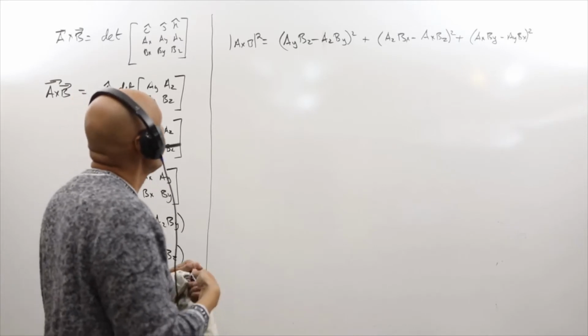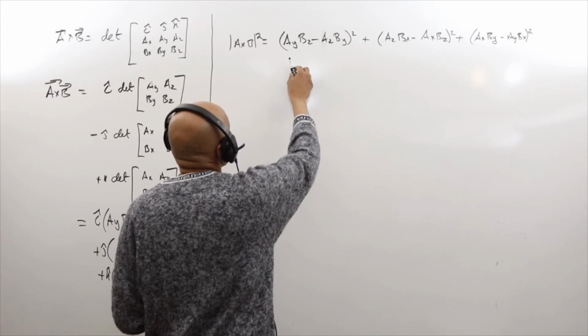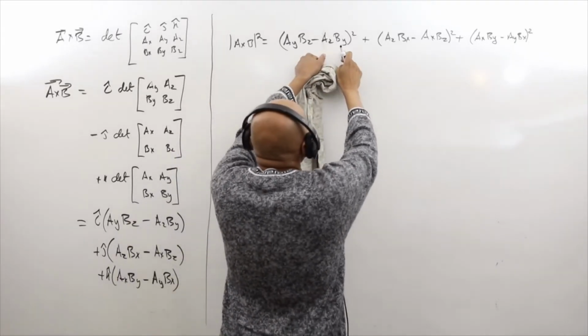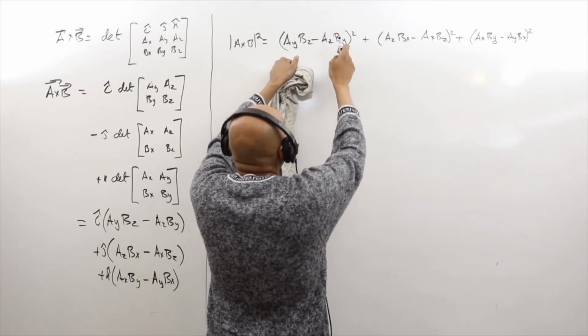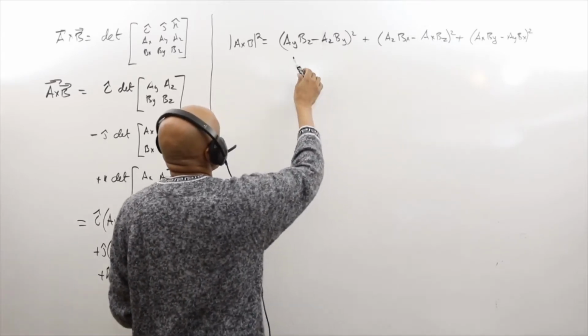So there are square elements here, minus 2 Ay Az By Bz.